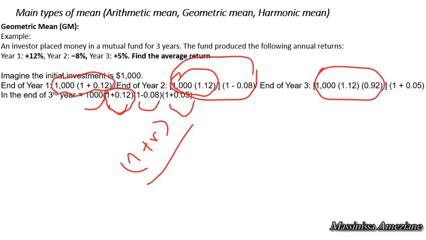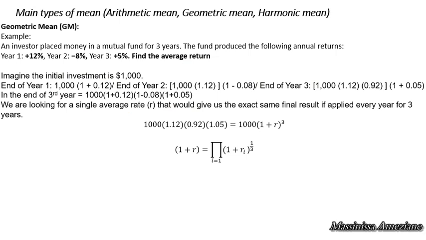Now, what does it mean to find the average return? When we are trying to find the average here, it's like we are looking for a single rate of return that would give us the exact same final result if applied every year for 3 years. We know that this investor got this value over 3 years. Instead of different growth factors, we want only one single growth factor.